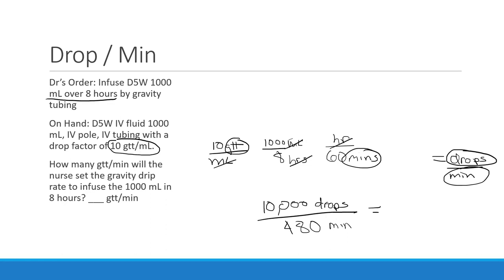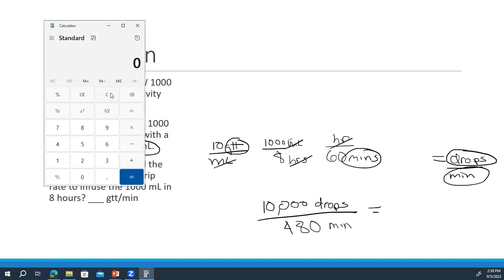Okay, so now let's do 10,000 divided by 480. That gives me 20.833333.